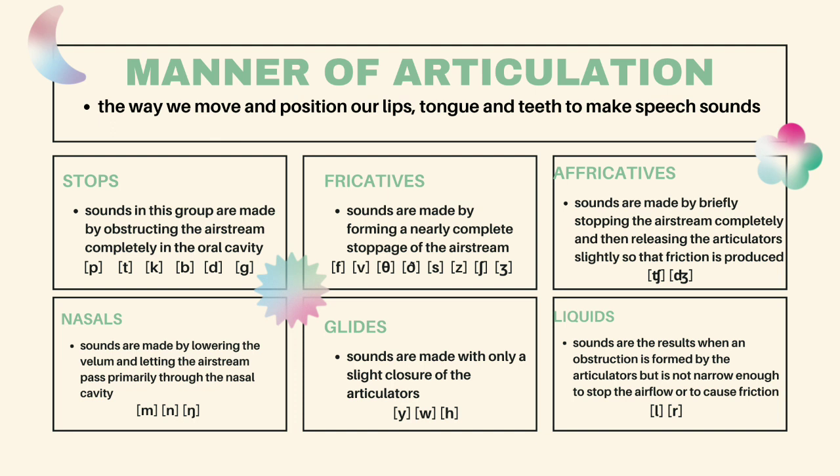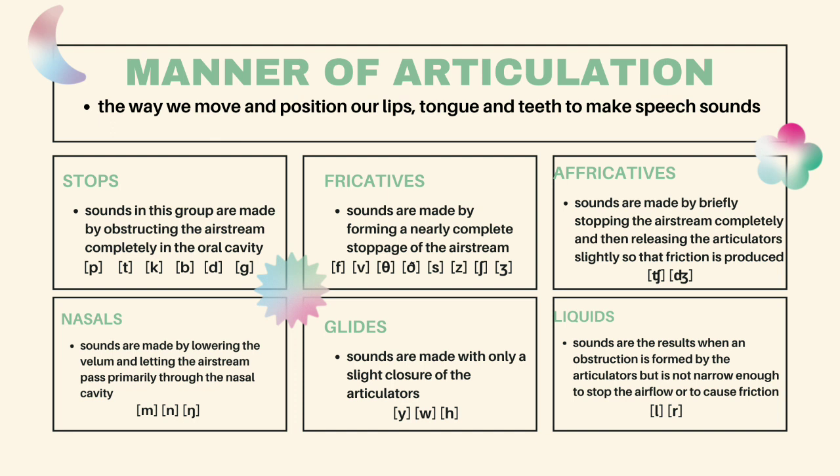The third one is the affricatives. Sounds are made by briefly stopping the airstream completely and then releasing the articulators slightly so that friction is produced. Examples include ch, chip, ch, catch, j, just, j, budge.